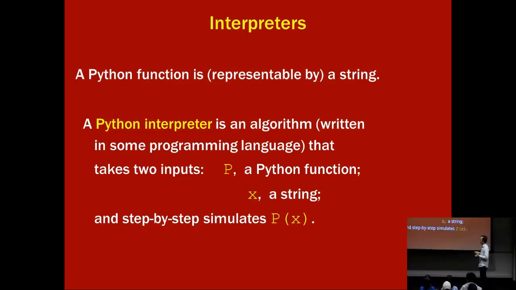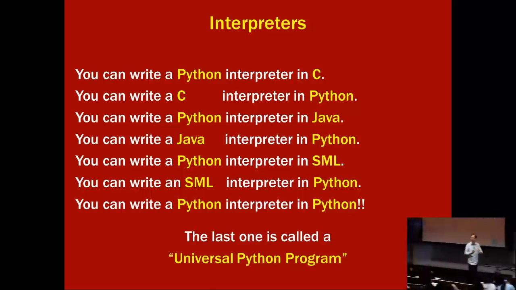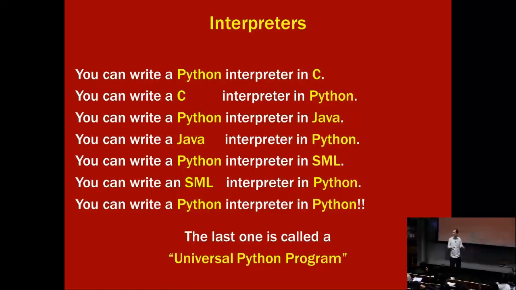Python has a lot of different instructions. It'd be quite intensive to write a Python interpreter, but evidently somebody did it. Apparently also they did it in C. So you can write a Python interpreter in C, and you can write a C interpreter in Python. That's why we felt that C and Python can decide exactly the same languages.